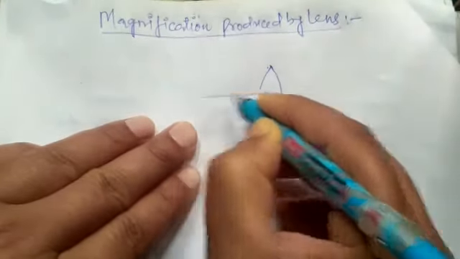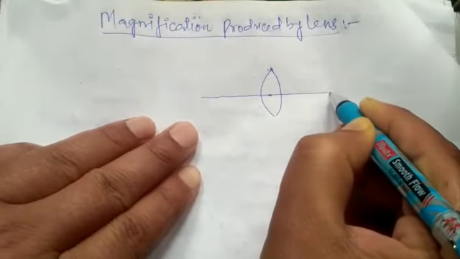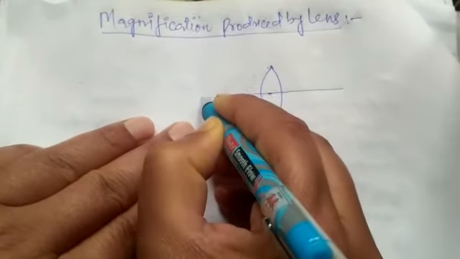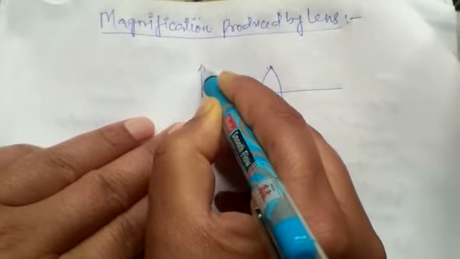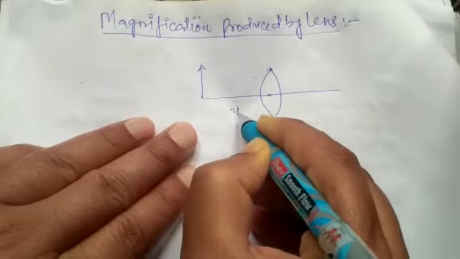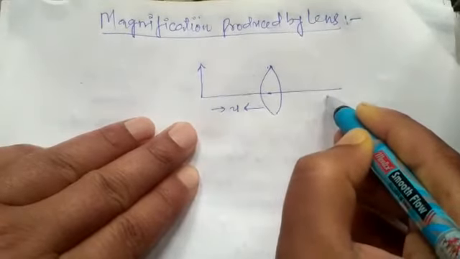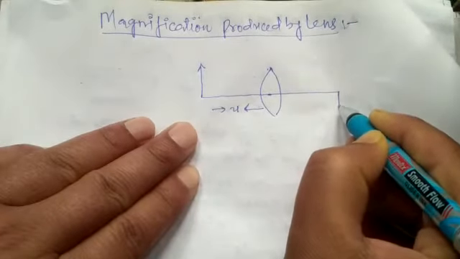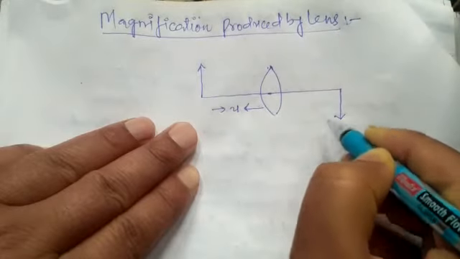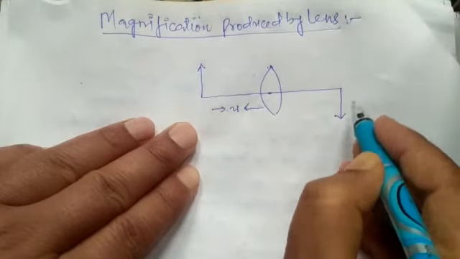This is the principal axis. This is somewhere the object which is at a distance of u from the optical center. Let us suppose somewhere here the image of equal size or greater than, because we are having the different cases studied.